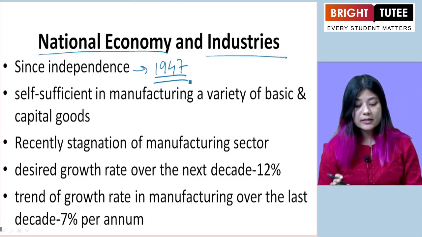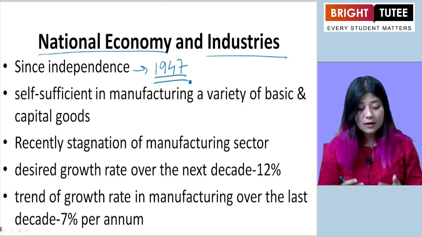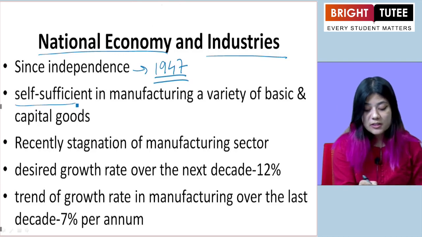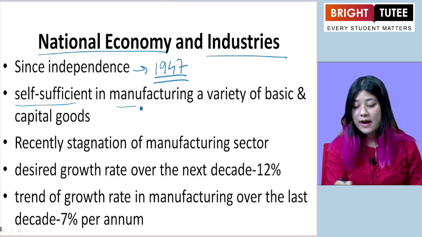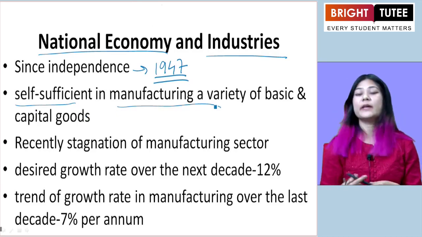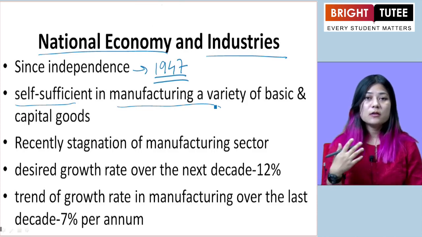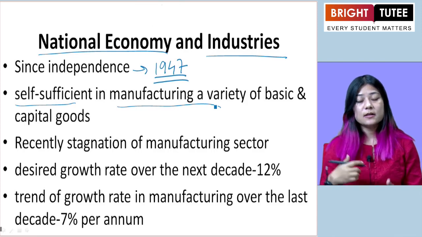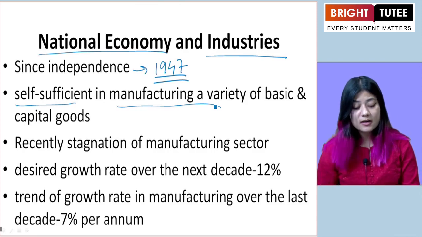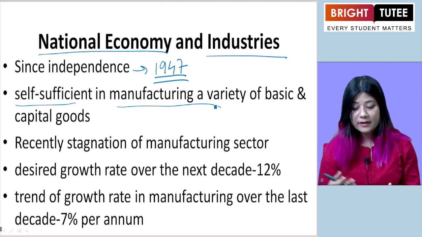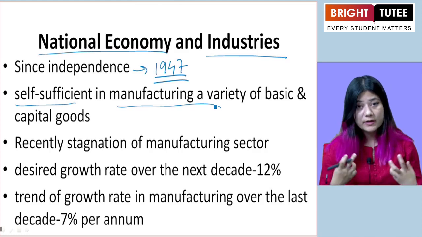So, since the year 1947, our country has managed to become self-sufficient in manufacturing a variety of goods. Our governments have worked towards improving and developing the industrial sector, and hence we have been able to be self-sufficient when it comes to manufacture of various goods that we require.